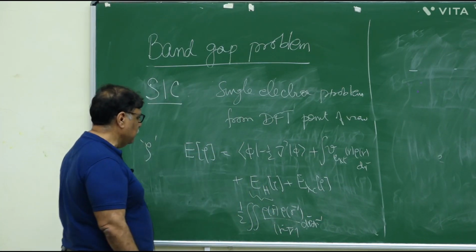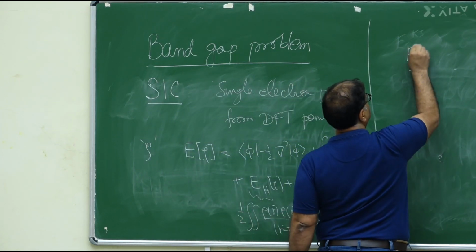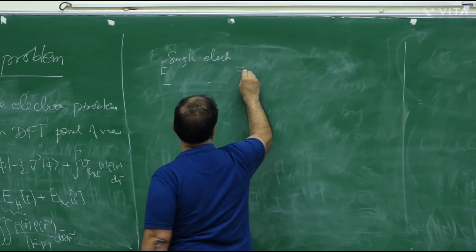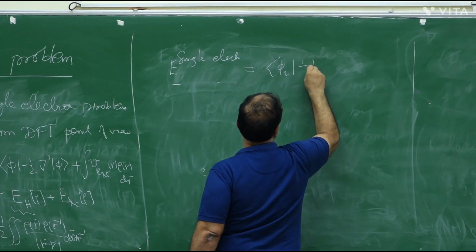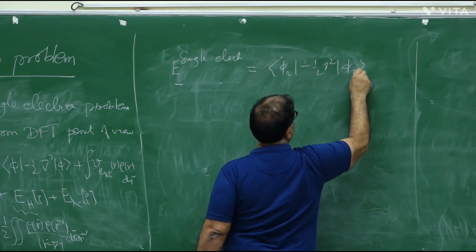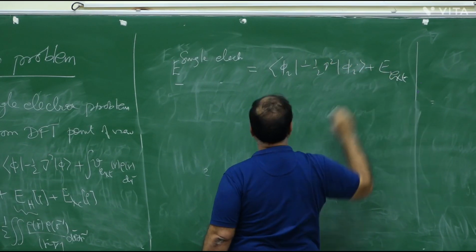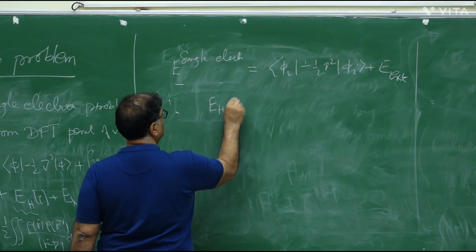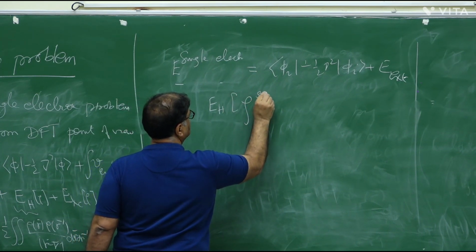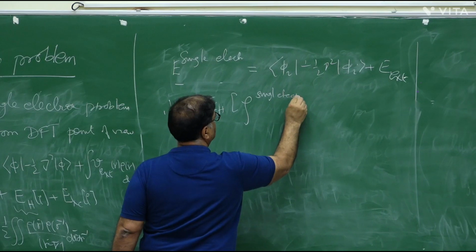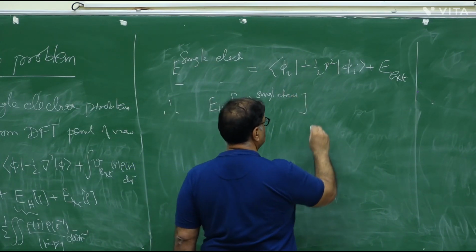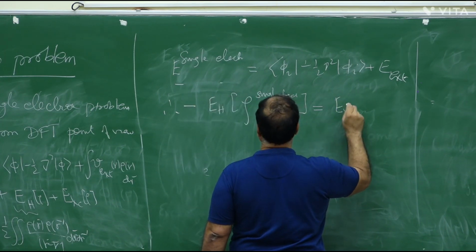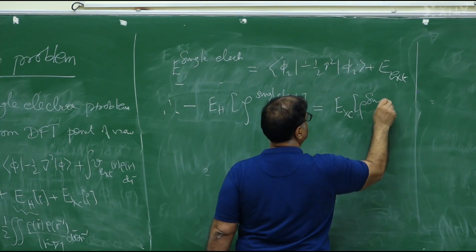However, I also know that in a single electron problem the true energy, E single electron, is equal to the integral of phi I star times minus 1/2 del square phi I plus E external. And therefore, I should have E Hartree of rho single electron equal to minus E XC of rho single electron.